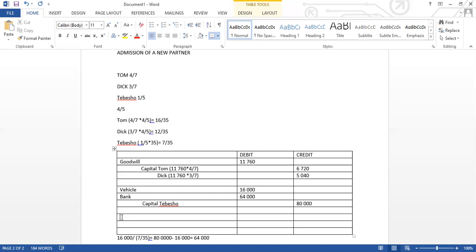Okay, now in this case, you are told that debtors are valued at 55,400 after the admission of Tebesho. Now let's go back quickly to our summaries of the admission of a partner.